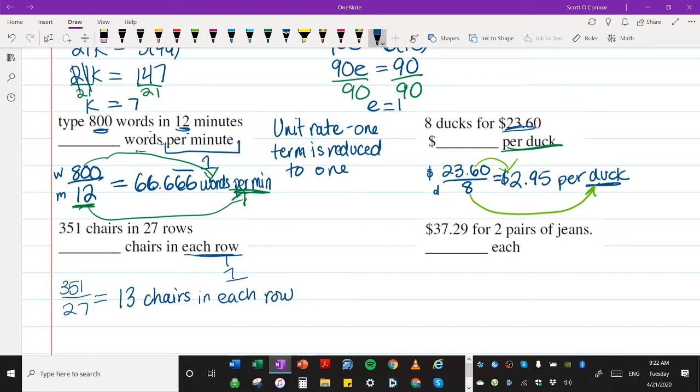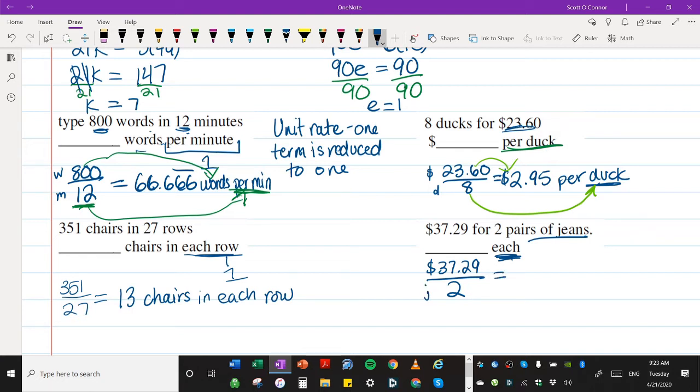$37.29 for 2 pairs of jeans. What am I trying to reduce to 1? I'm trying to find the cost of each pair of jeans. So jeans is being reduced to 1, so I'm going to divide by the number of jeans. And again, it's a money question, so you put the money at the top if you want to find out how much each item costs.